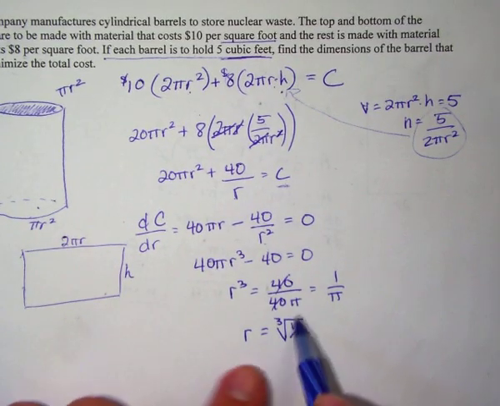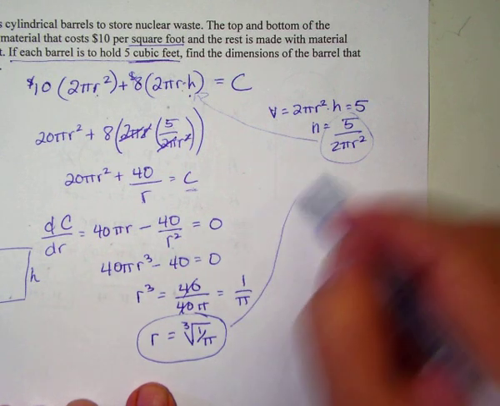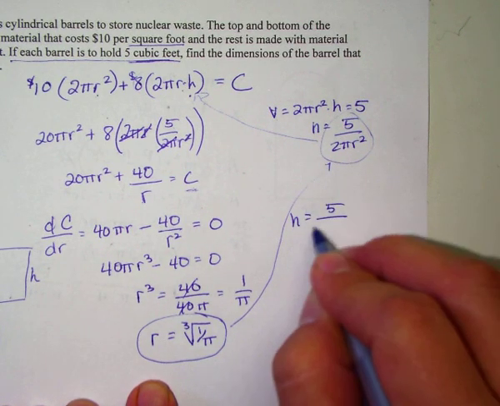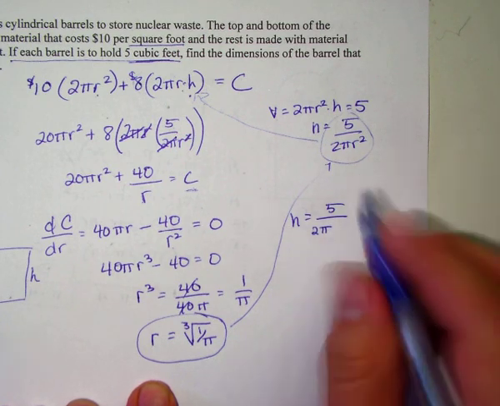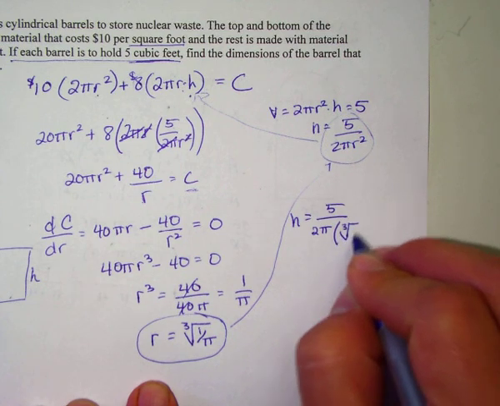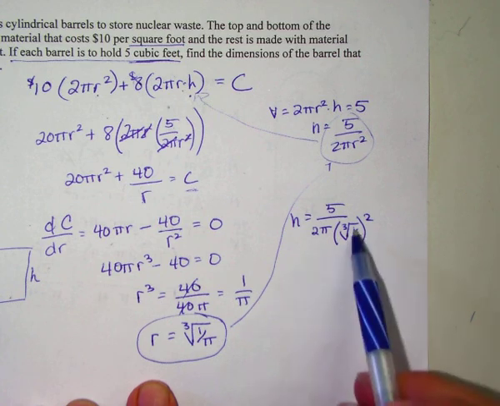So this is going to be the radius. And to find the height, we can plug this back in here. And we're going to get h equals 5 over 2 pi r squared. So we're going to have the cube root of 1 over pi, squared. And maybe use a calculator on this.